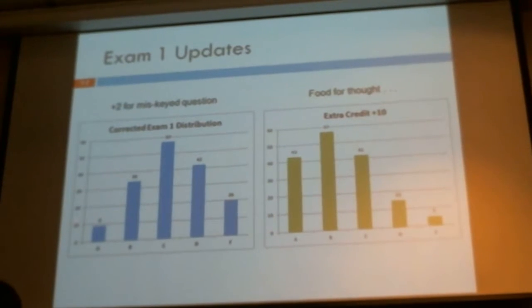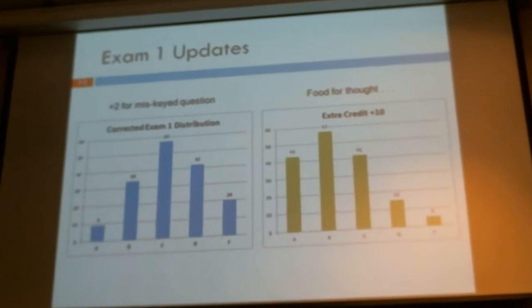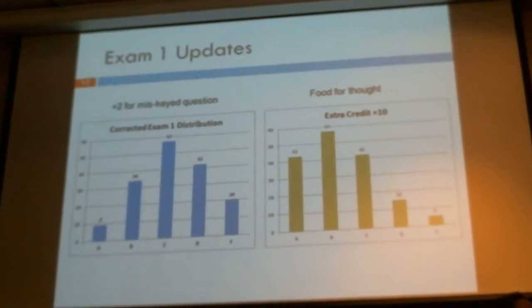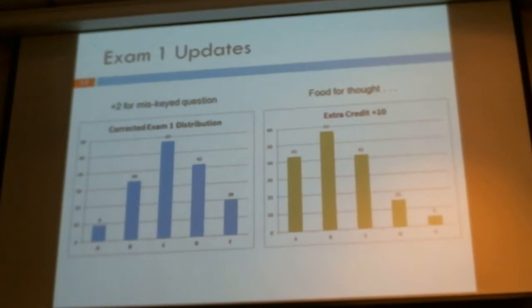So this is the actual distribution of grades on the exam. And one of the things I want you to think about if you were one of the people who are unhappy with your exam grade, because there are a lot of people who are okay with their exam grade, is that at the end of the day, I'm giving you up to 10 points of extra credit towards your exams. So if you apply that extra credit just to this exam, this is what the distribution of grades would be.